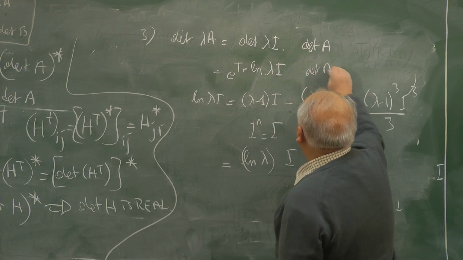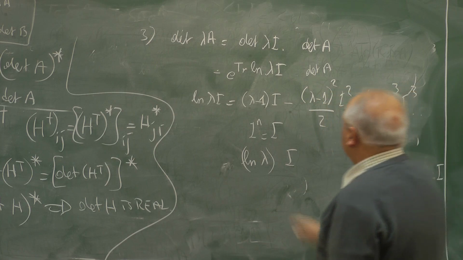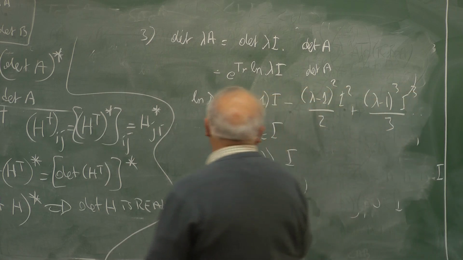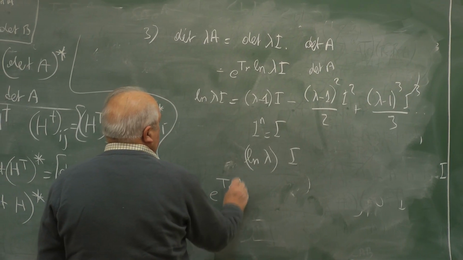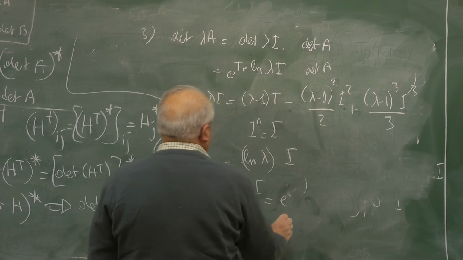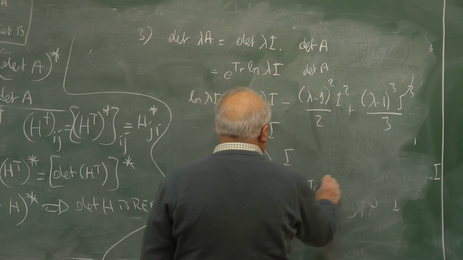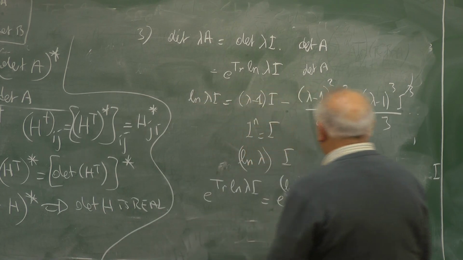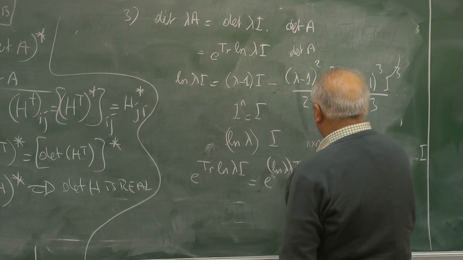Times determinant A. So I will now take the trace of it. E to the trace of log lambda I is e to the log lambda times trace I, because that's the only matrix. Trace I is by definition n, if it's n by n.